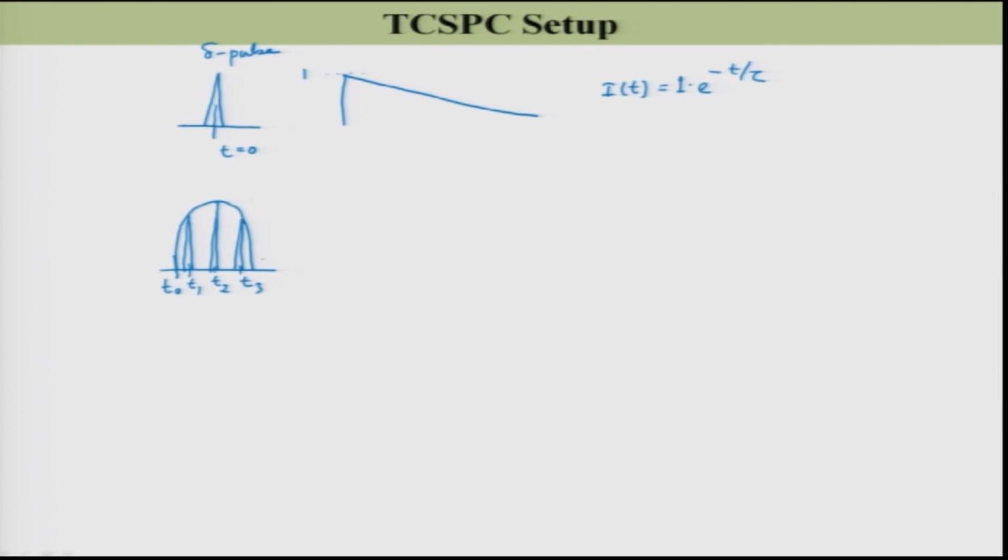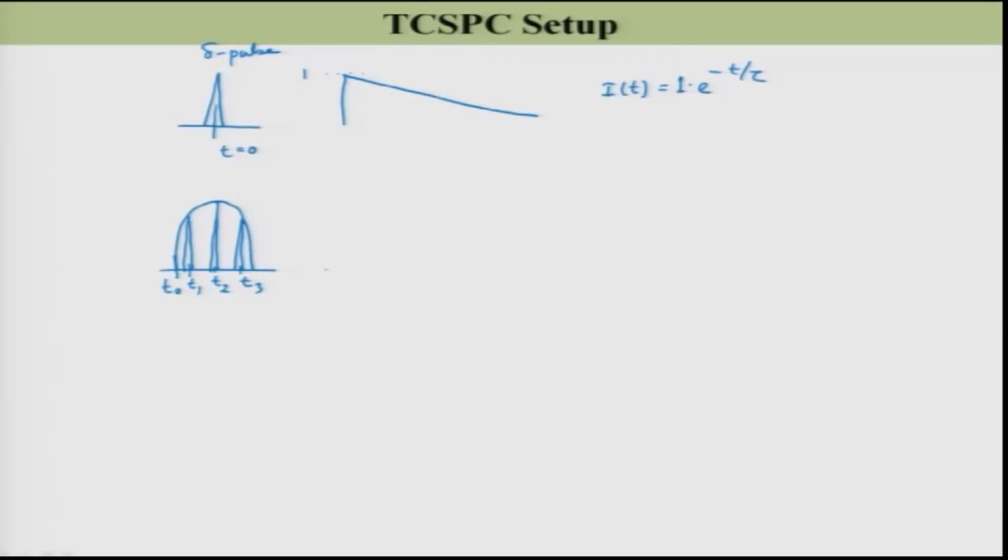So, each of these pulses independently I can think of as giving fluorescence emission, and obviously each of these will have its own fluorescence decay. So, the first one will look like this, the second one will be like this, because the second one has higher intensity.